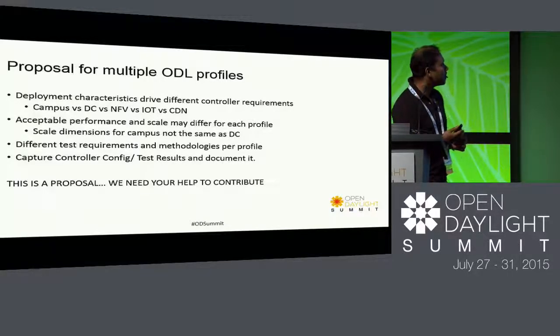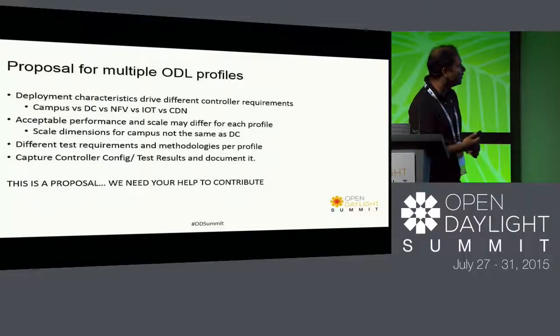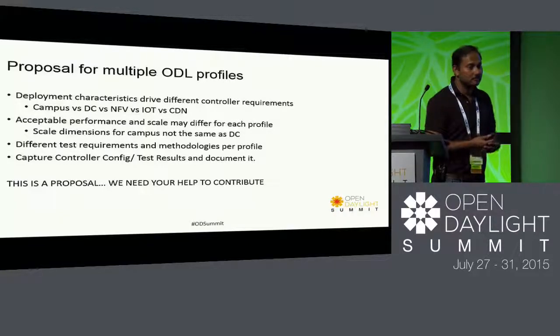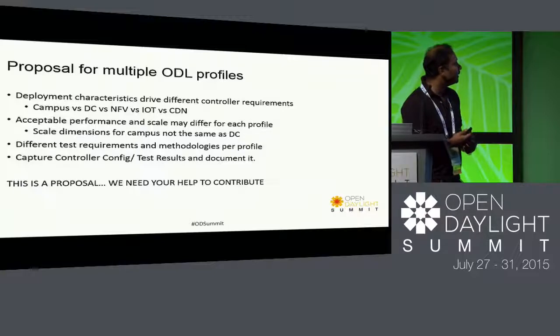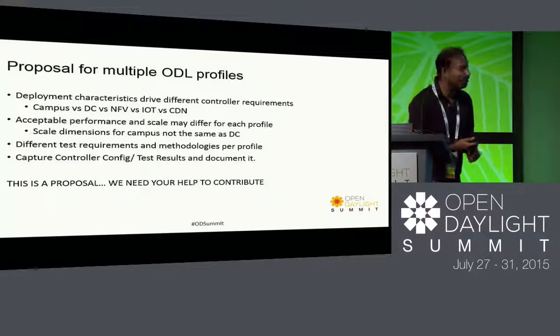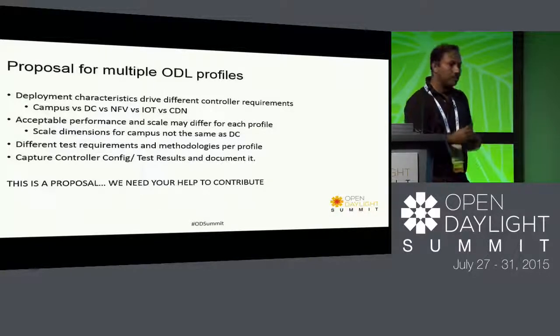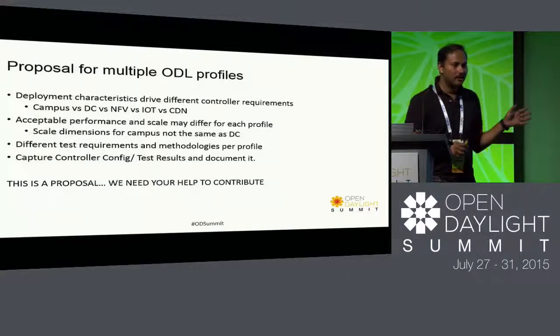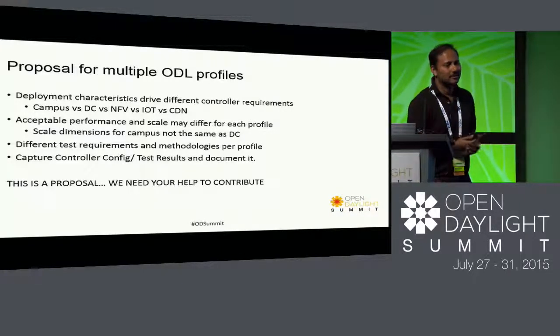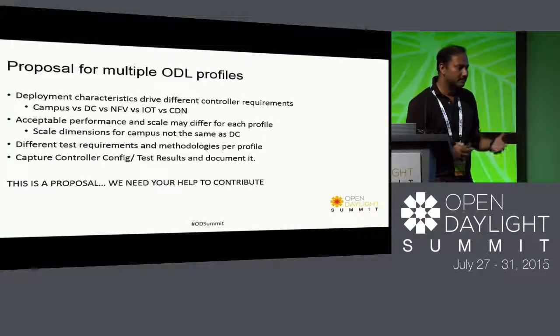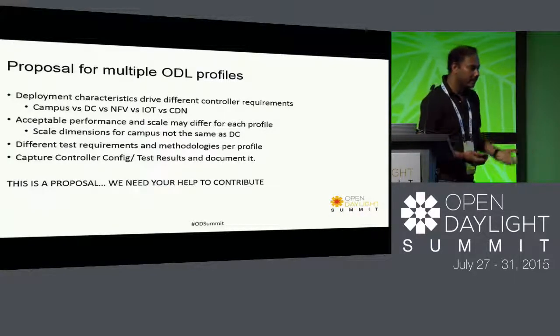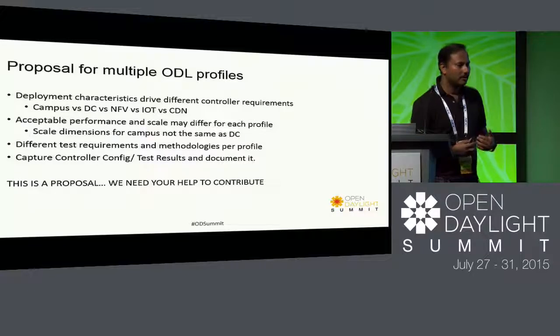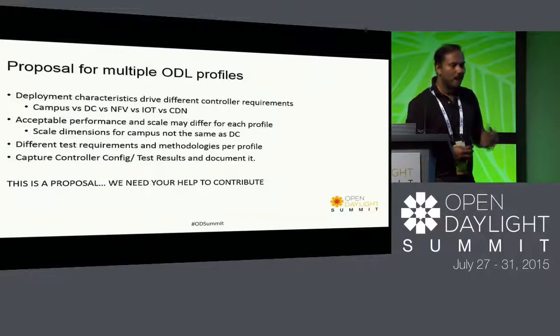And what should be the acceptance criteria for each profile to be tested against? Then finally, when we do all this testing, we capture all the configurations, the test cases, and test results, and document them. It should be available to the community, and then they can read and understand what we did, and give feedback. It'll be good learning for app developers too.